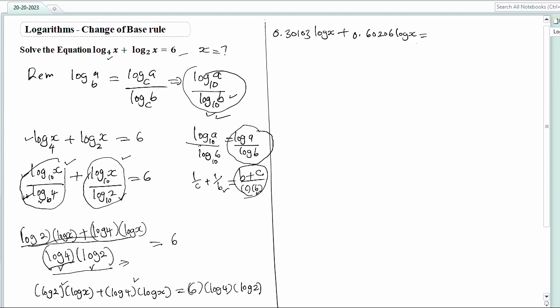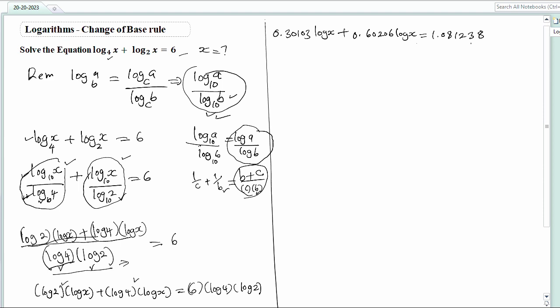On the other side, if you multiply 6 times log 4 times log 2, you can work that out directly using a calculator. It will give you a value of 1.081238.